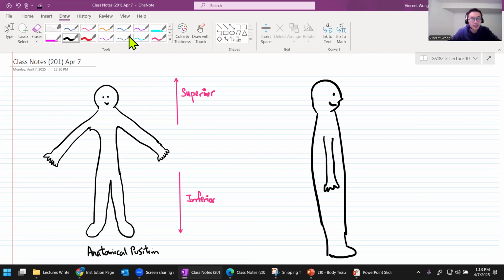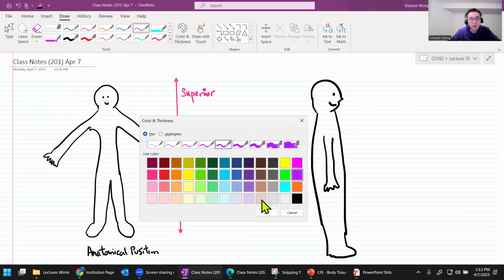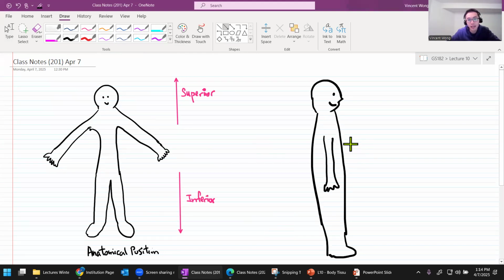Over here, another pair of terms. We have things that are at the front and things that are at the back. So at the front, we say anterior, and at the back, we say posterior.